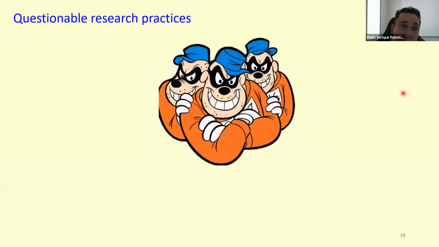Okay. And questionable research practices are actually attitudes that researchers may adopt that should cause the lack of reproducibility, okay? And they are named here as p-hacking, HARKing, and cherry picking.